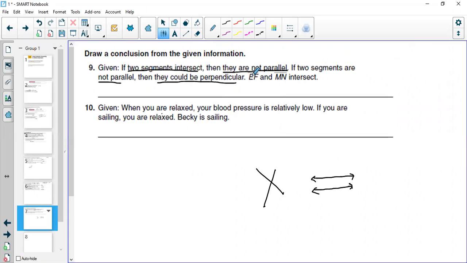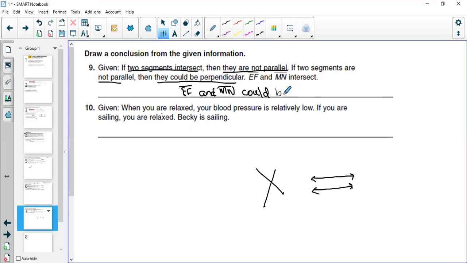EF and MN intersect. So what can we derive as the conclusion here? EF and MN are intersecting, so are they parallel? No. If they're intersecting, they're not parallel, so we cannot give the conclusion that they are parallel. They said if two segments are not parallel, then they could be perpendicular, which means segment EF and MN could be perpendicular.